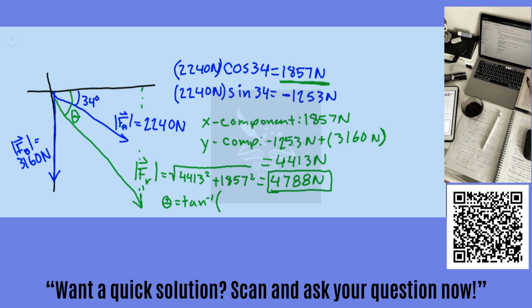If you create a line right there, forming this triangle right here, it is the side opposite of the angle, which is 413 over the x component, which is 1,857.